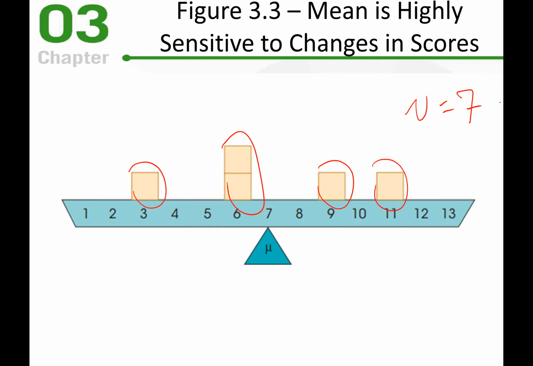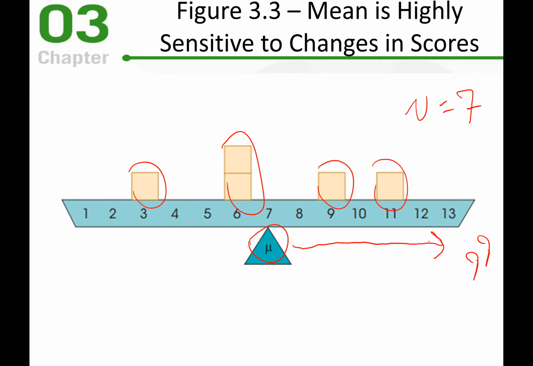If we were to add a score that was really, really large, so somebody got a score of 99, and this is a seesaw, well, that is going to change the mean dramatically, and the mean is going to go further and further to the right in order to balance the scores that we have.